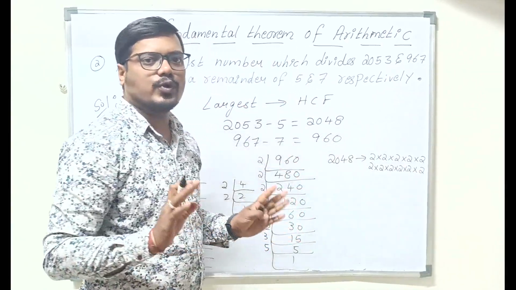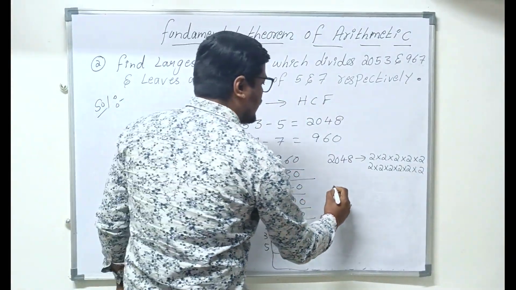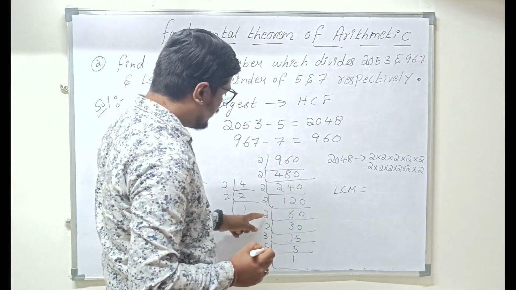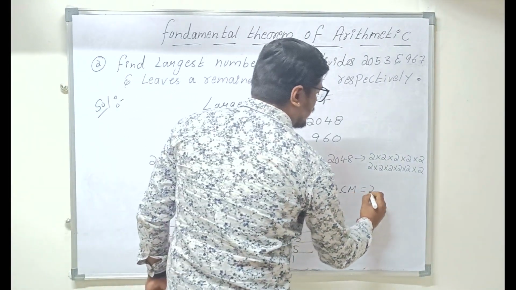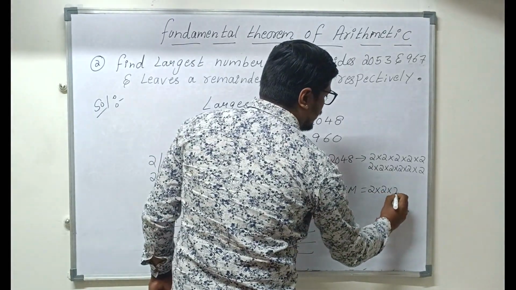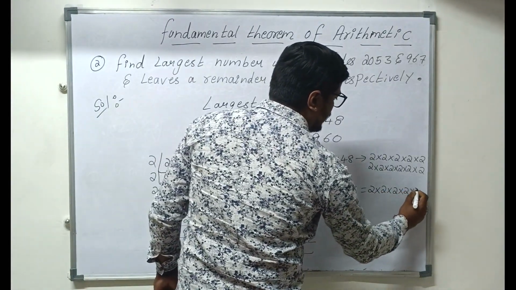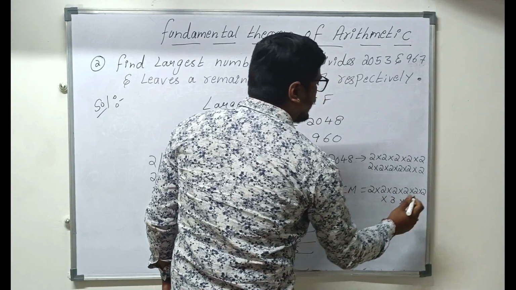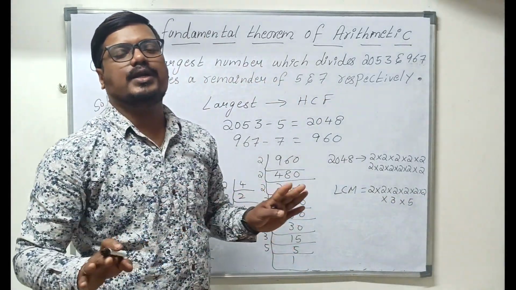Write like this itself. Don't write in terms of power. Then for 960, count how many 2s are there: 1, 2, 3, 4, 5, 6. So 2 into 2 into 2 into 2 into 2 into 2 into 3 into 5. Always follow this method itself. Don't write in terms of power.